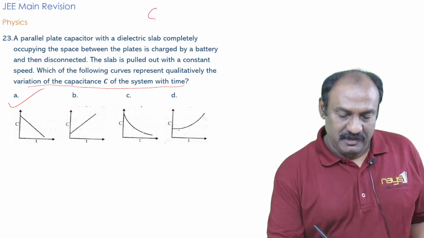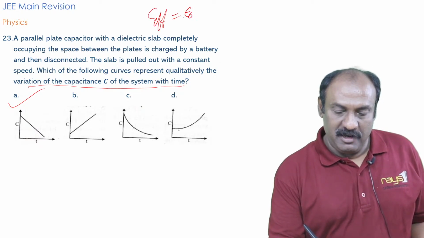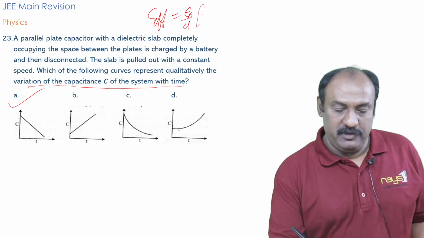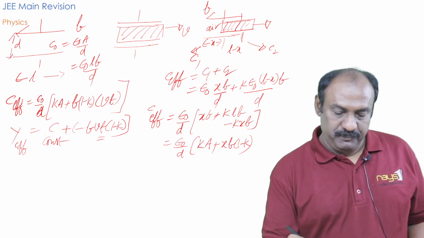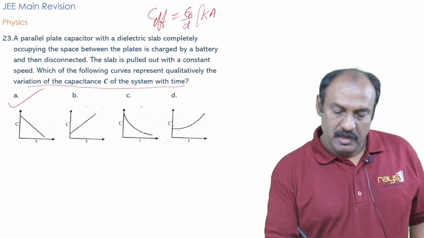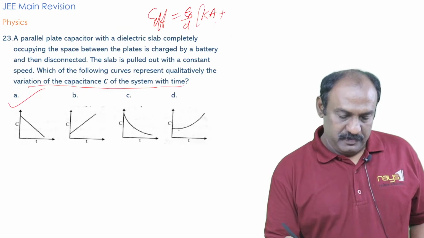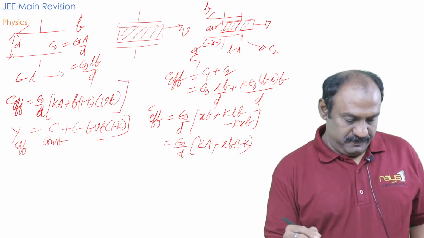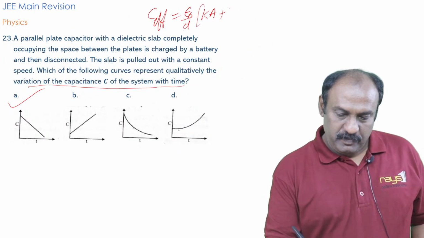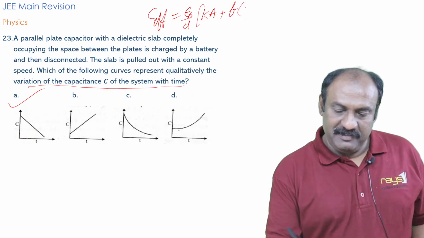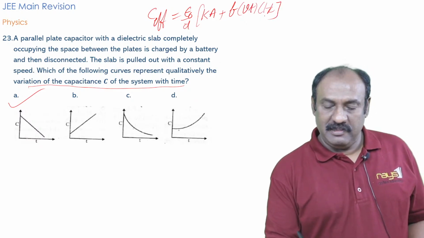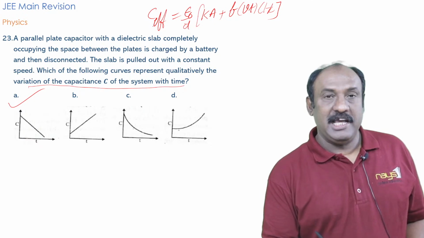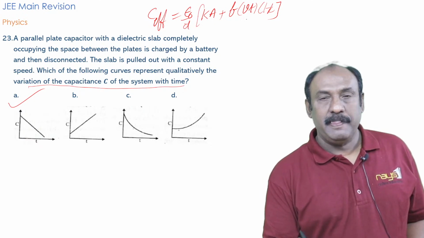So, the effective capacitance is epsilon naught by D into Ka plus B into x, where x is equal to Vt, into 1 minus K. So, it is in the form of y equal to some constant c minus mx.